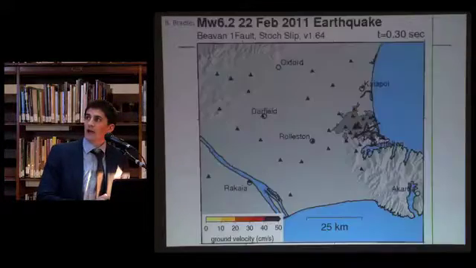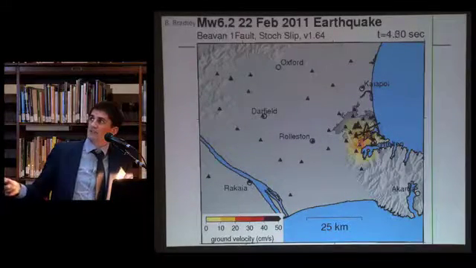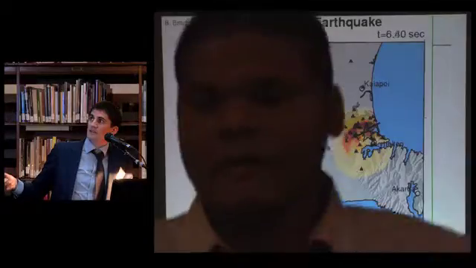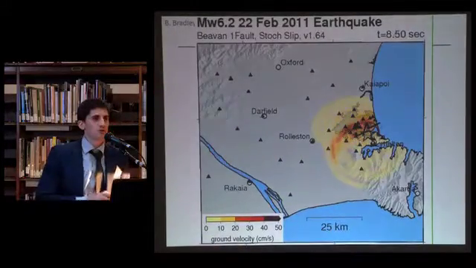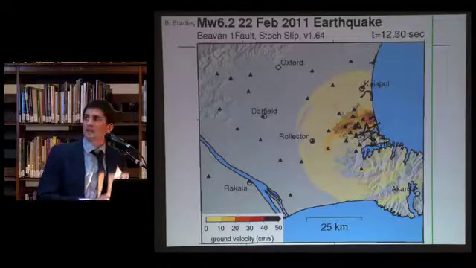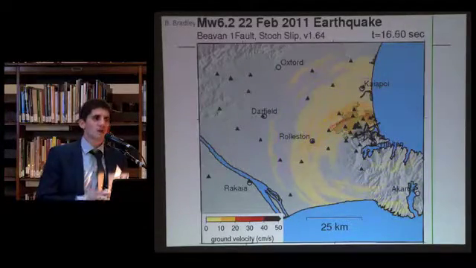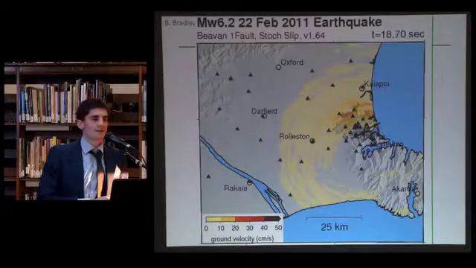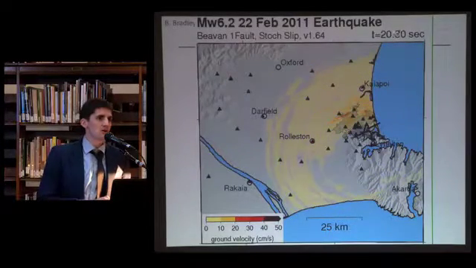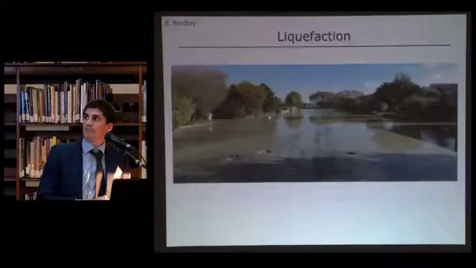And so when we look at the ground motions produced as a result of this February 2011 earthquake, you see this polarization where the shaking to the north is significantly stronger than it is to the south as a result of this effect of the sedimentary basin. This leads to the trapping of seismic waves, which produces ground shaking that's both stronger and also lasts a lot longer than in more rock-type environments.